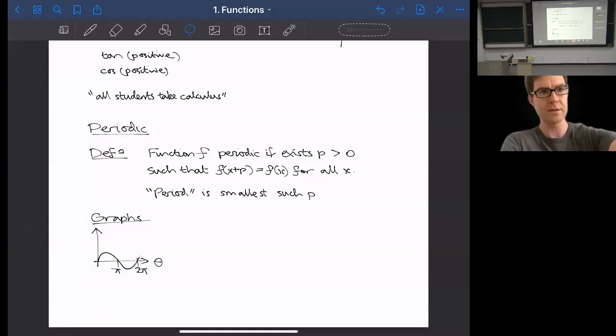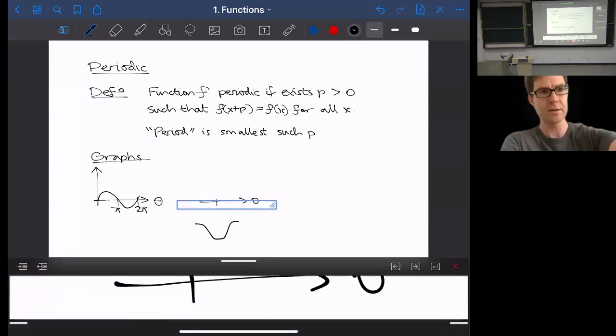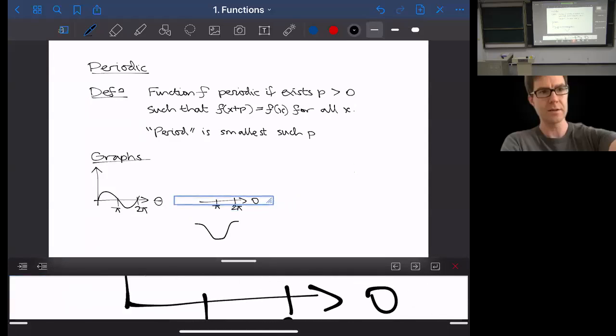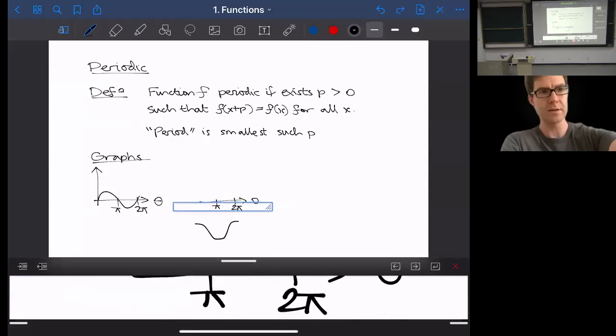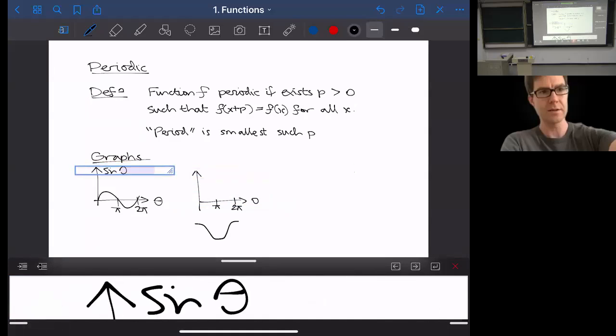Like that. And because of that, so this is sine theta and cos theta.